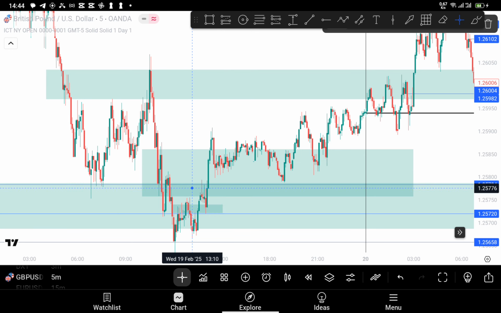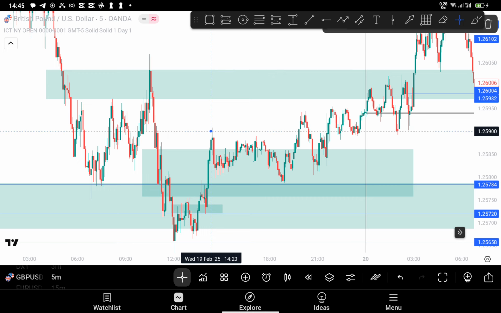If you check, we broke structure here and then we used it as support once more during New York afternoon. This is something, not a bad move.